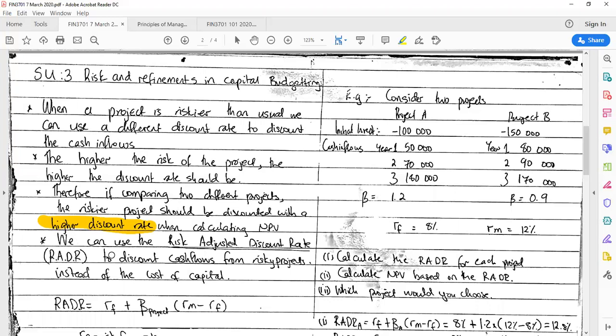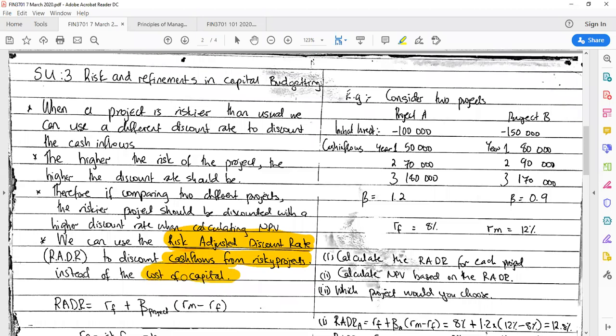So we can use what we call the risk-adjusted discount rate. This is really important. We can use the risk-adjusted discount rate, known as the RADR, to discount cash flows from risky projects instead of the cost of capital, right?